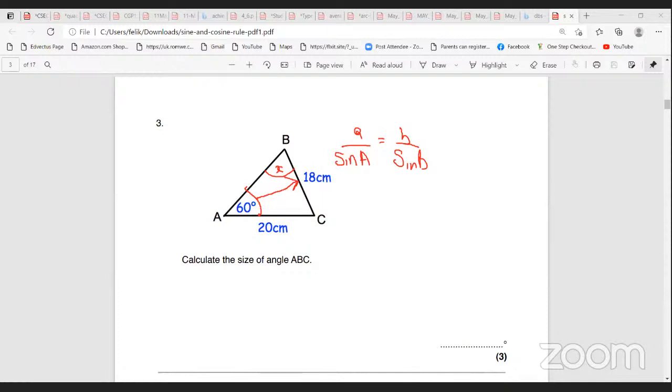And match the angle that you're trying to find with its corresponding side. Okay, so go ahead and fill that into your formula.